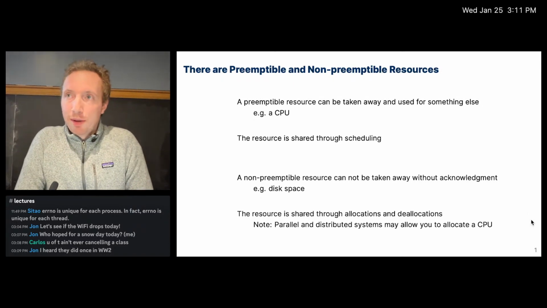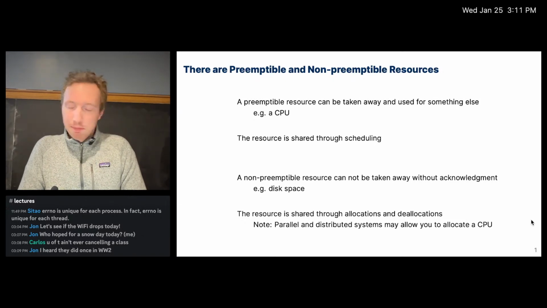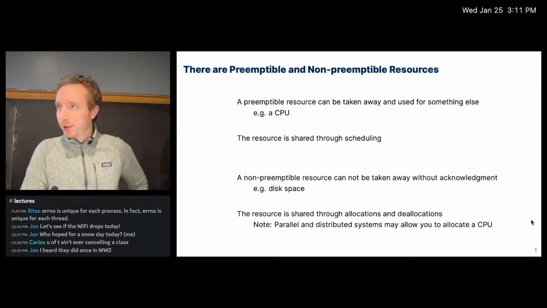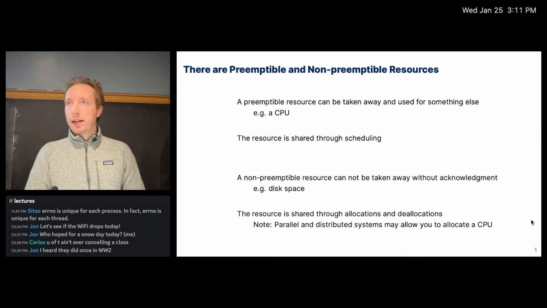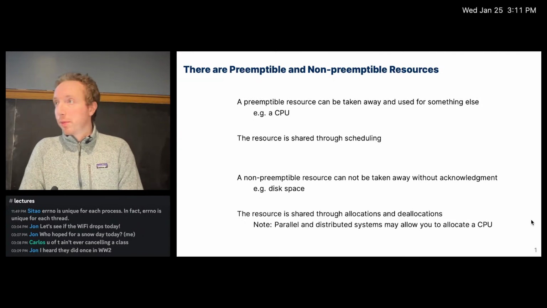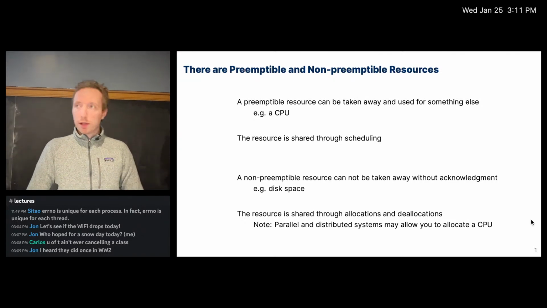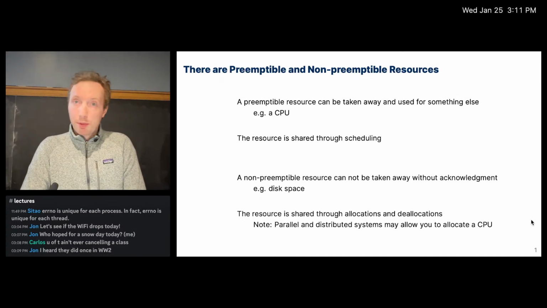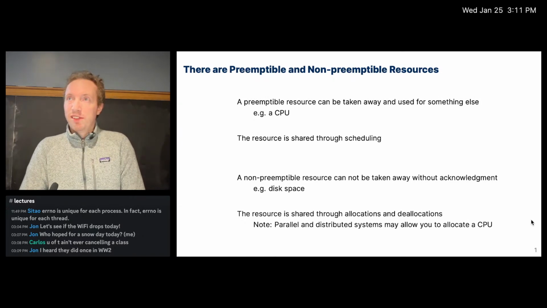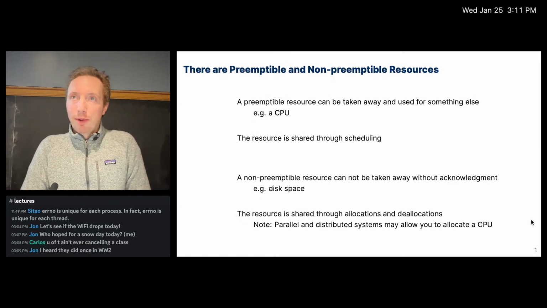preemptible resource is just something that can be taken away at any time, like CPU, so your application can go execute, do whatever, and then the kernel can go ahead, take away the CPU from you, and start running another application. So preemptible resources are typically shared through scheduling, and an example of a non-preemptible resource is just anything that cannot be taken away without acknowledgement.